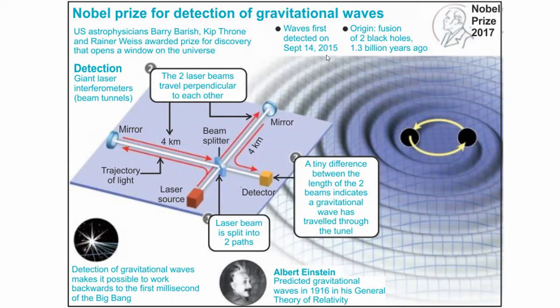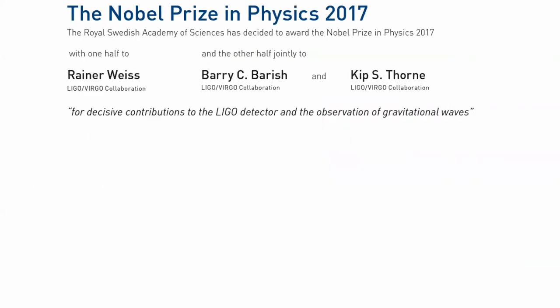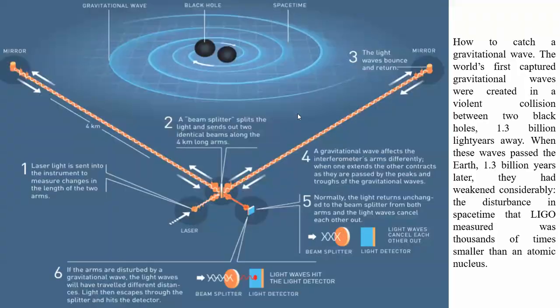The waves were first detected on September 14, 2015. The origin was the fusion of two black holes which happened 1.3 billion years ago. Thanks to this group of three scientists, all from the LIGO and Virgo collaboration. This is what I wanted to convey on this. This is the last one.